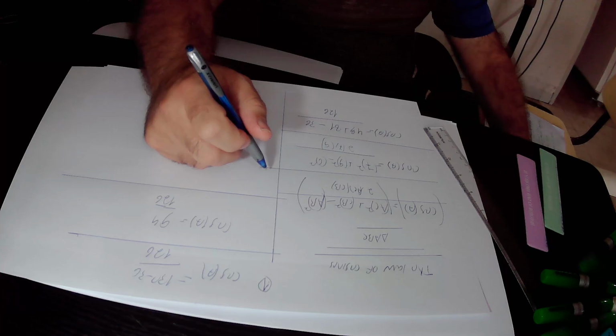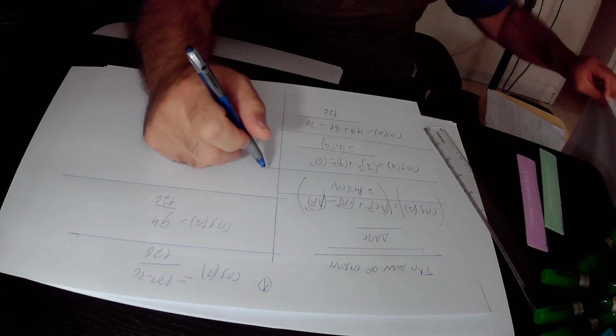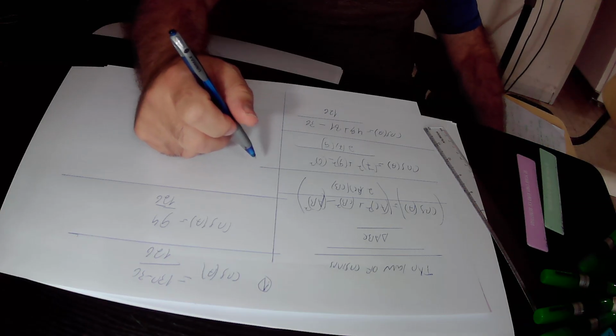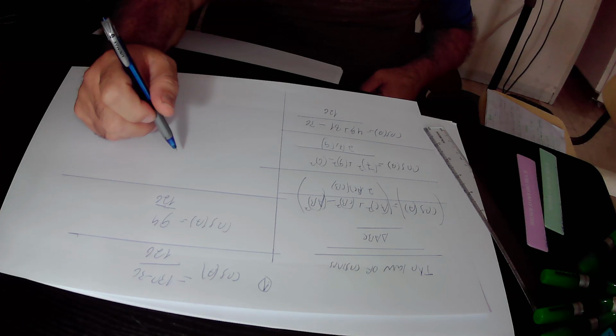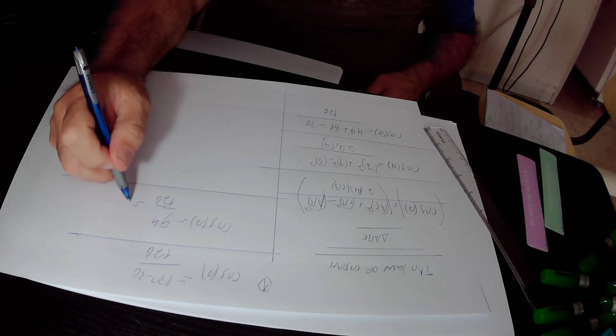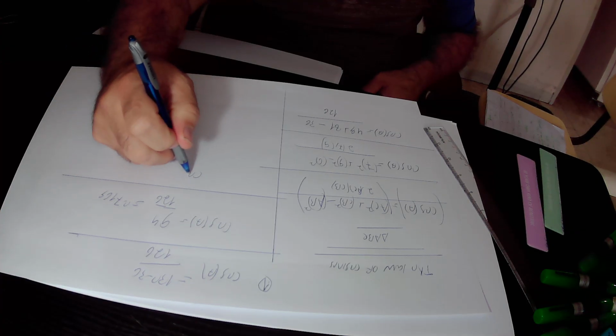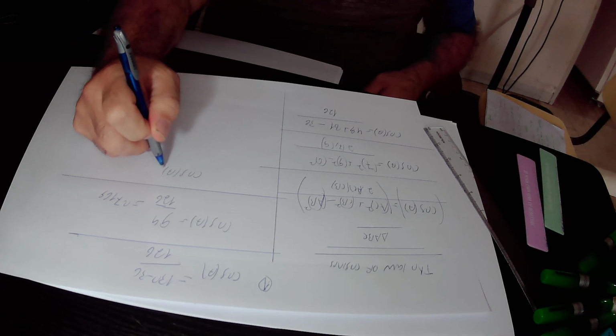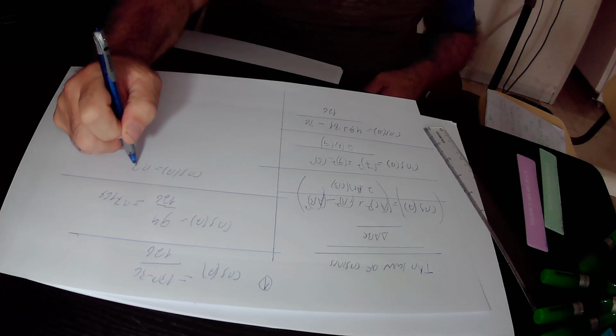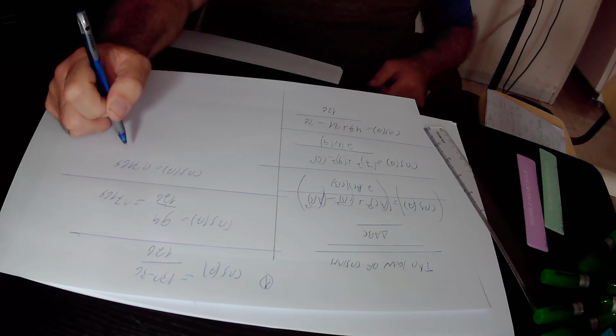And 94 over 126 is equal to 0.7169. So cosine theta equals 0.7169.